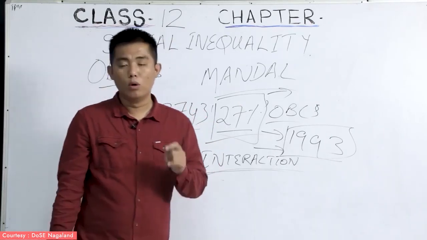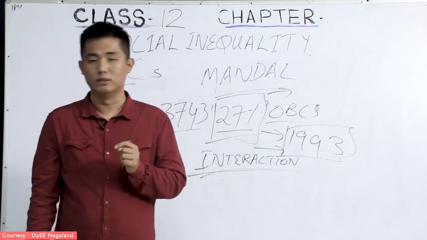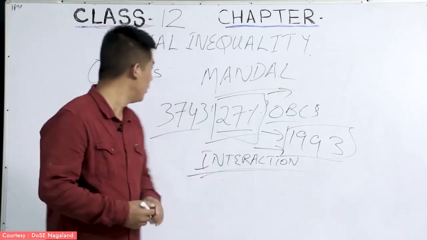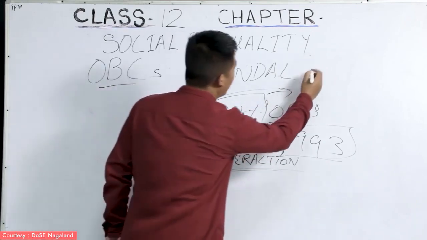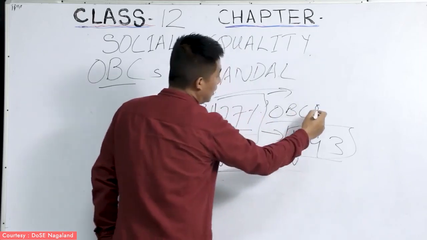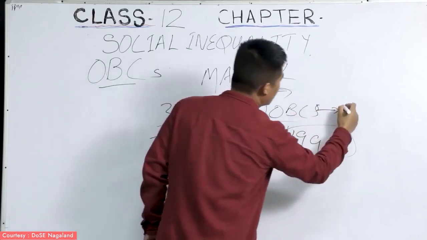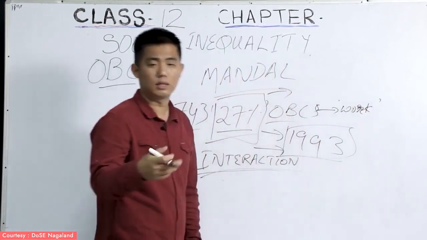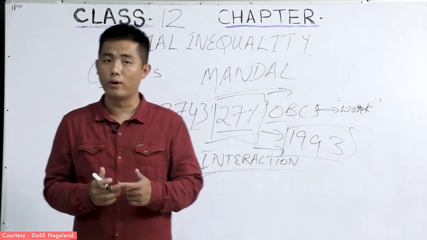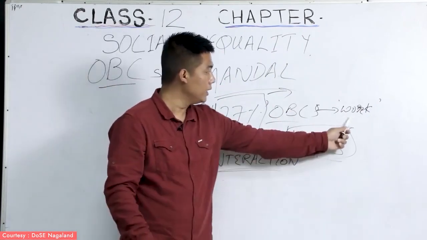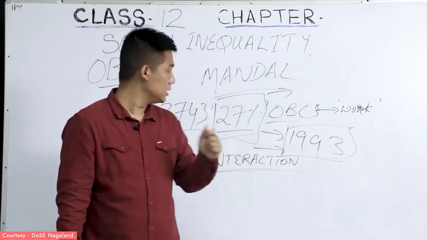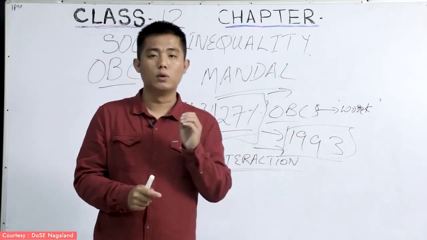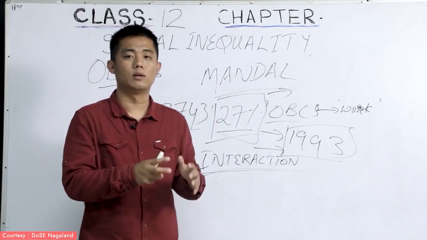The next is no exchange of invitation. So what does it mean here? It means that most of the OBCs would go and work for the upper caste. That was one thing which they usually did. They would be there for the ceremonies and all those functions.